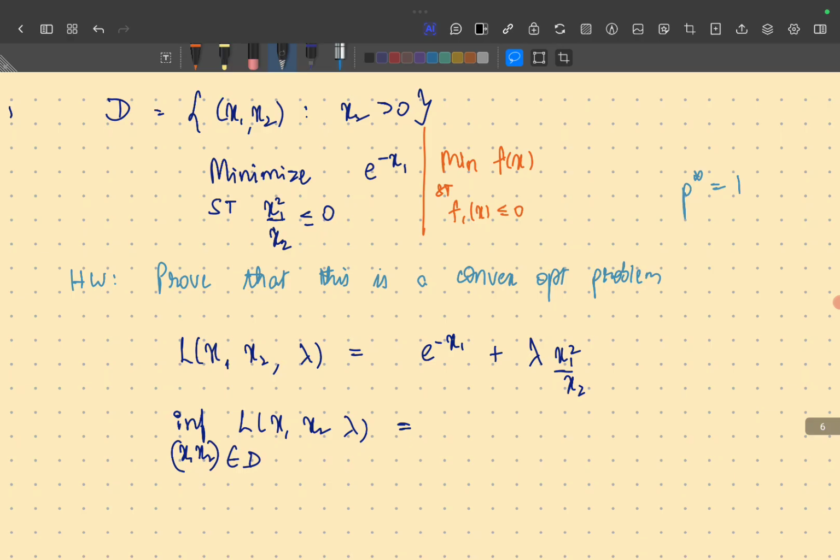Can we just say that x1 is like infinity and x2 is maybe infinity? So what is the infimum equal to?